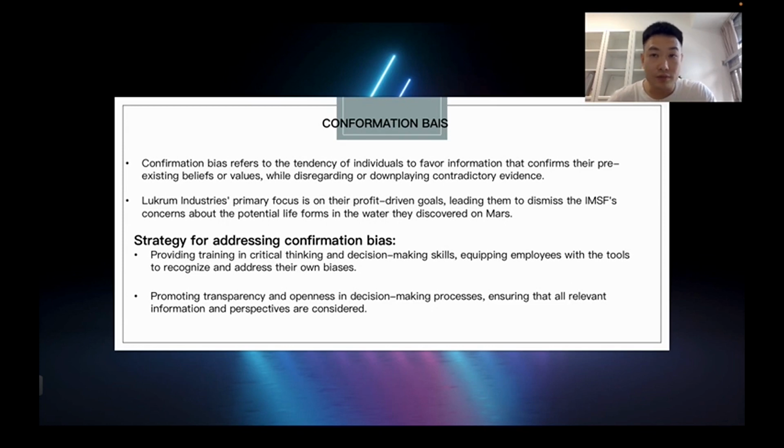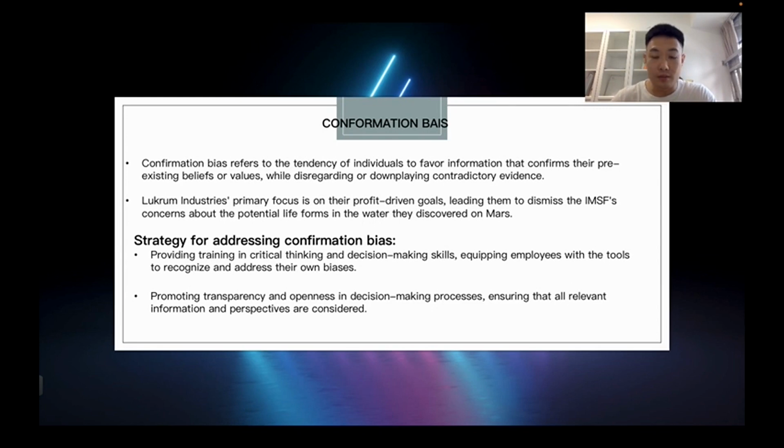In the fictional story, the bias can be observed in the decision-making process of the Lucram industry, as they prioritize their profit-driving goals and dismiss the IMSF's concerns about potential life forms in the water they discovered on Mars.